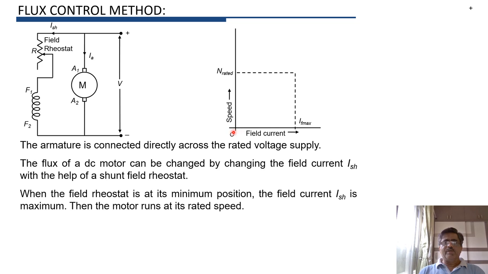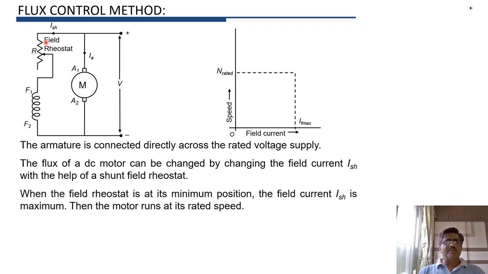So here the field current is rated as well as the voltage across armature is rated, and therefore motor will run at rated speed. So when the field current is maximum, then the motor will run at rated speed.